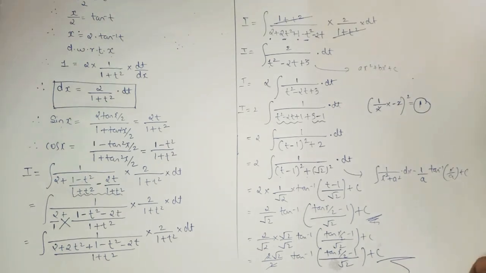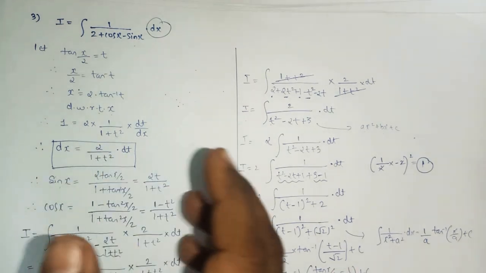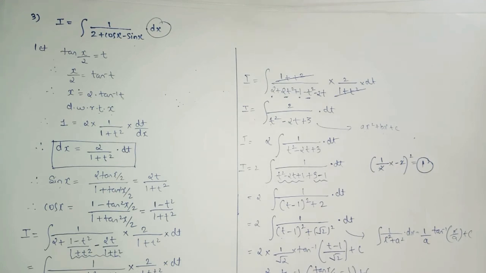So I hope you all understood this sum also, the third example, when it contains sine and cos both. Still we have to apply the same format, whether it is sine in the denominator, cos, or sine and cos. Here we took three examples, one based on sine, one based on cos, and one based on sine and cos.